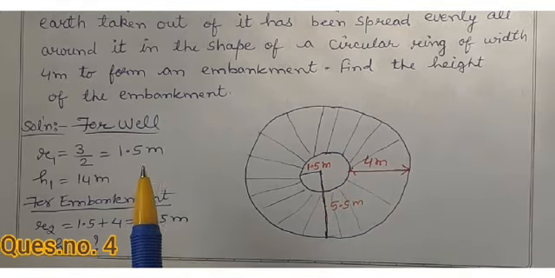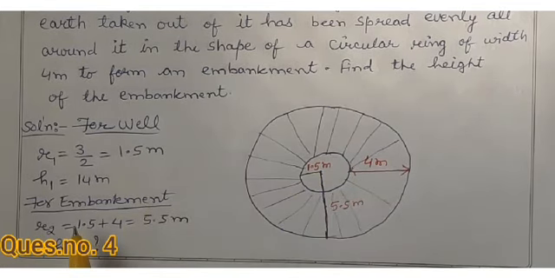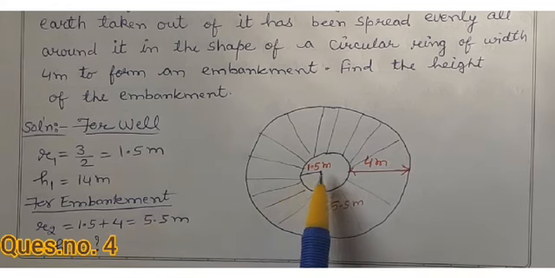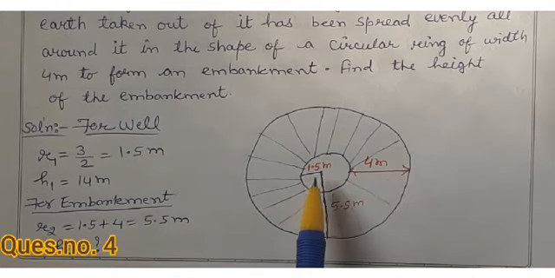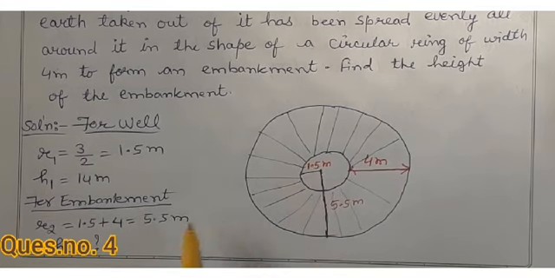If the width is 4 meter, then what will be the radius of the embankment? See, 1.5 is this and 4 is this. Then what will be the radius? 1.5 plus 4, total this will be 5.5. You can see here R2 is equal to 1.5 plus 4, which is 5.5, and the height of that embankment is your H2.